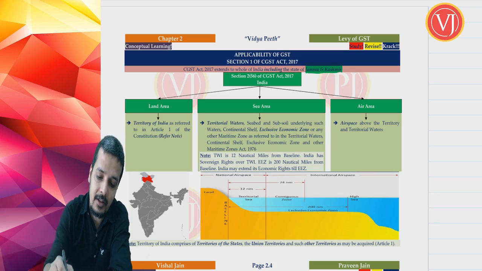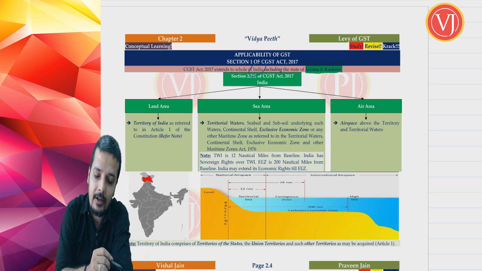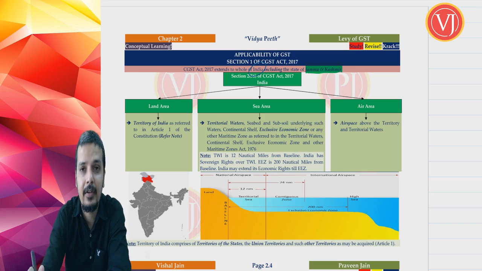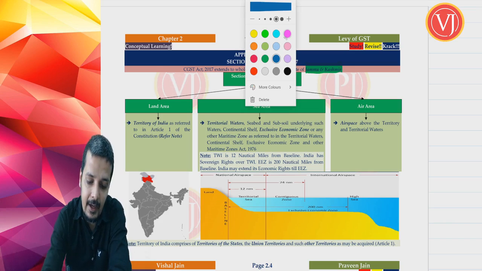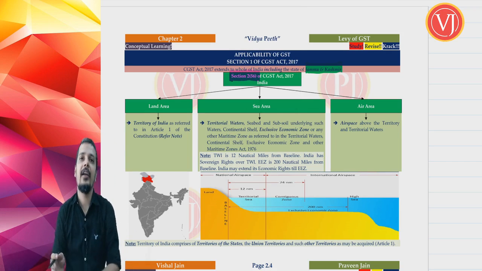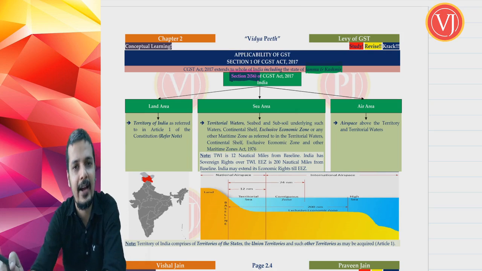Now the important thing is we should know what is meant by India. For knowing India, you have a definition in section 2 clause 56, which defines India. It tells that India has to be learned in 3 parts. One, you read India in terms of land area.